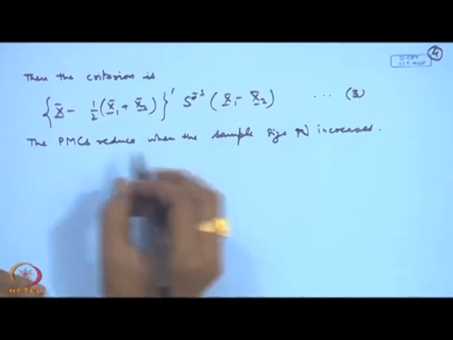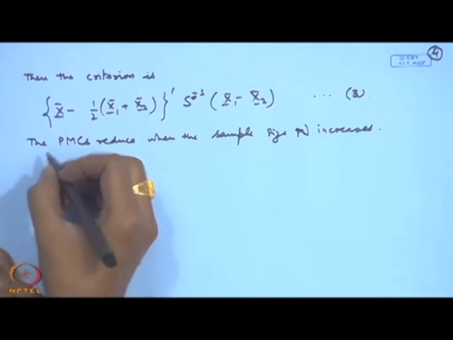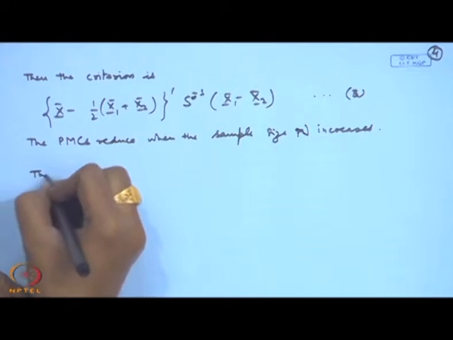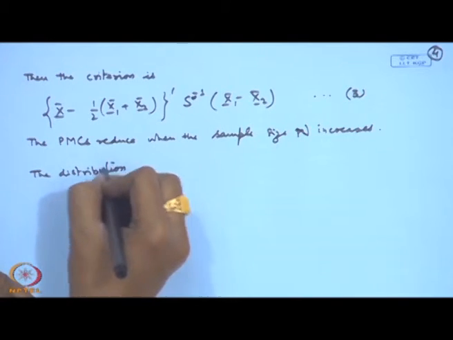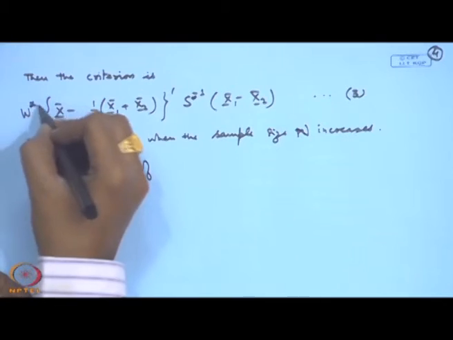The distribution of the criterion, that is this term. So, basically this is W here, the distribution, let me call it W star.